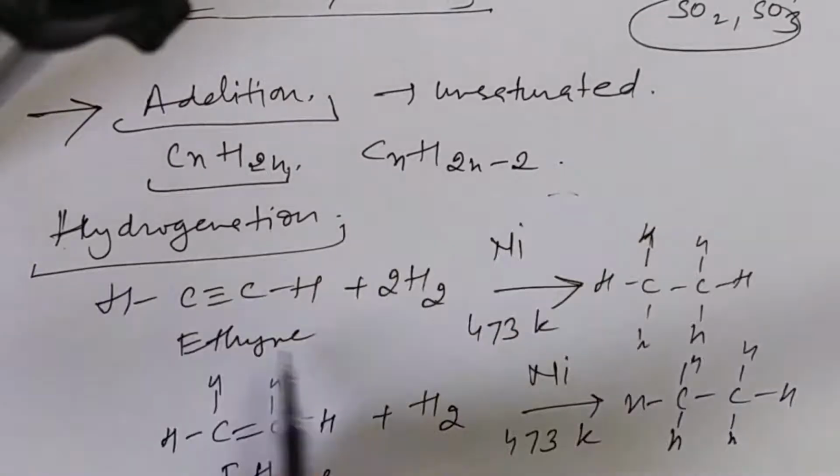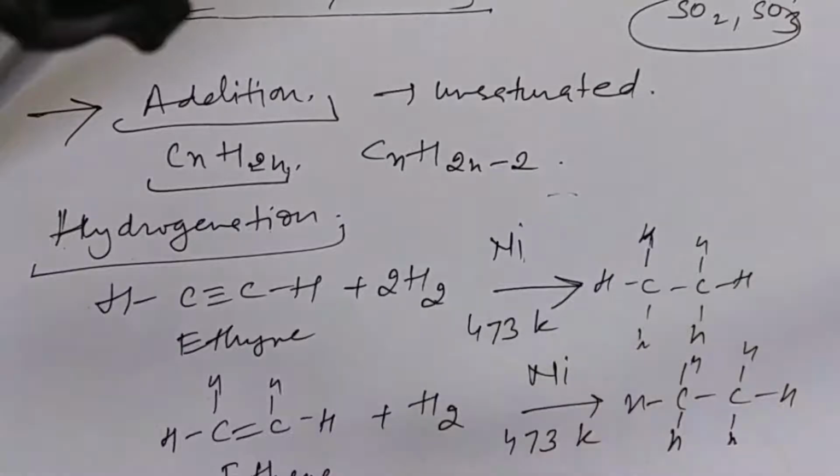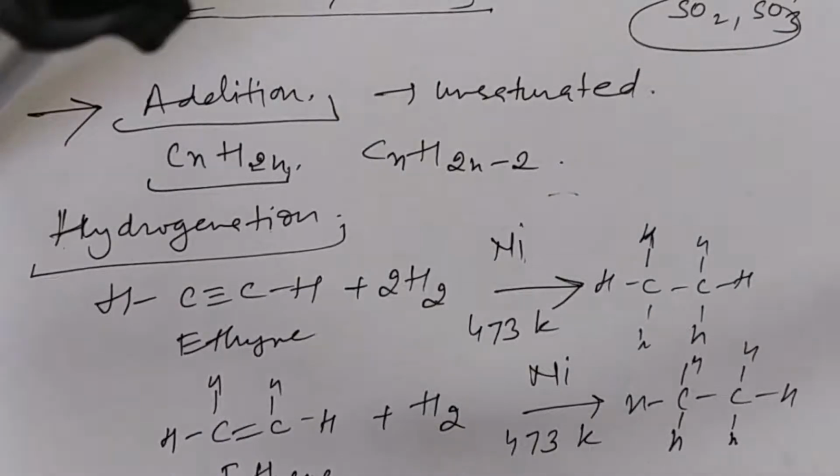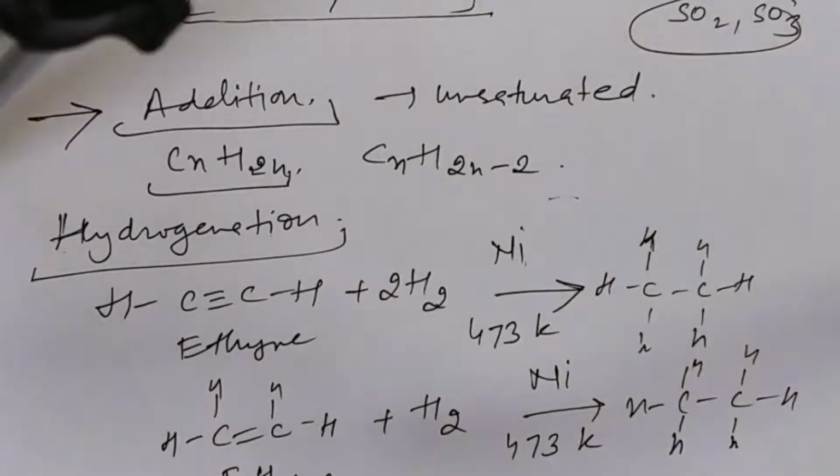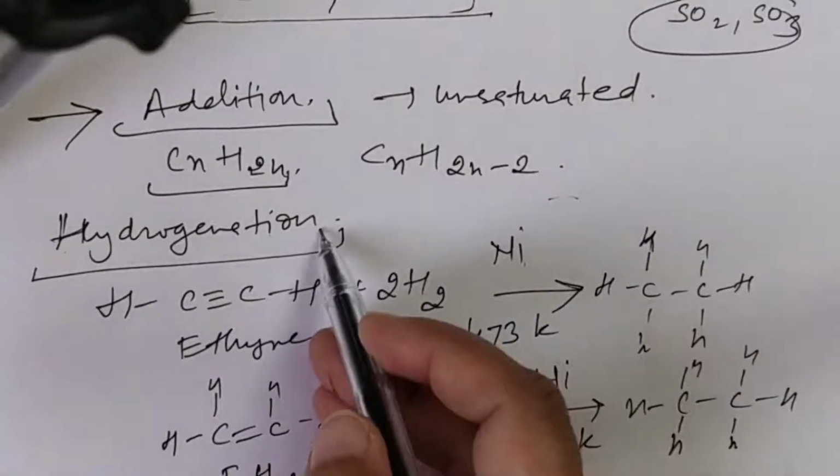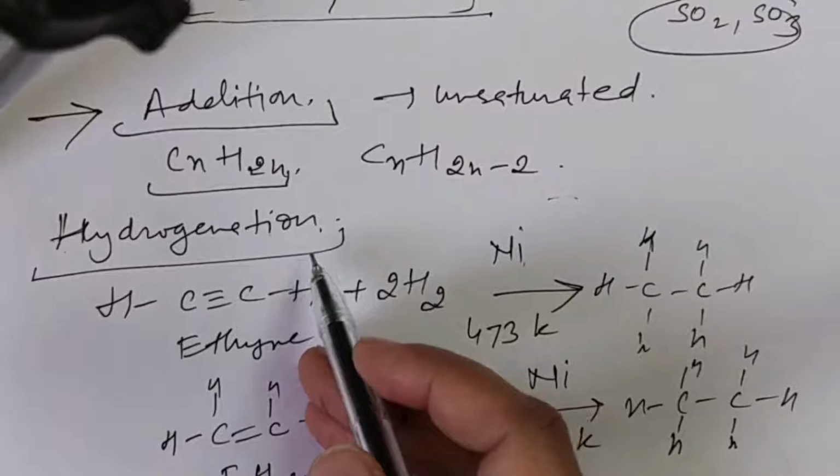This is called catalytic hydrogenation, and it has a very practical application: the conversion of vegetable oils, which have unsaturation, double bonds present in them, into fats. It has a very common application around us. Are you getting what hydrogenation is?